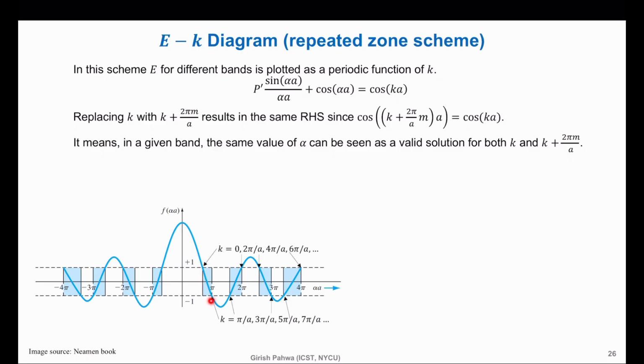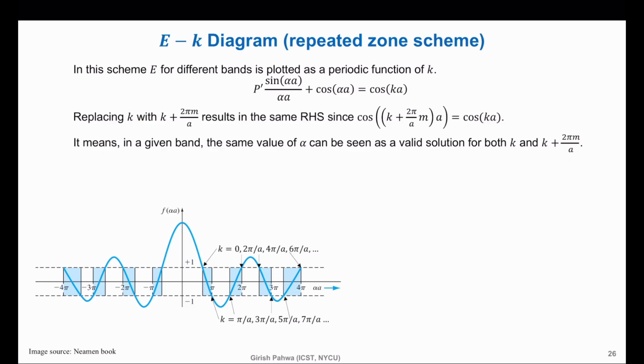Similarly, for this value, it was varying from 0 to what? Pi. But why only pi? If I use pi or 3 pi by a, 5 pi by a, 7 pi by a, I can get the same value, minus 1. So there are several ways to plot the same information.